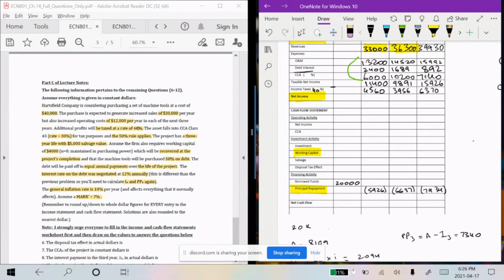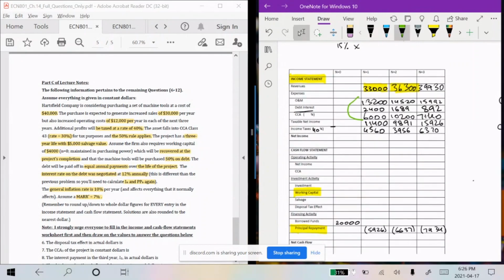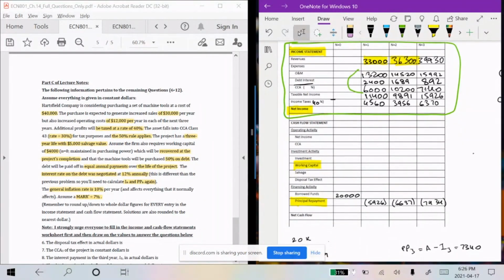So now the main thing that we need to calculate in this income statement table is the net income. This row. To calculate the net income, take taxable net income, this row, and subtract the income tax. 11,400 minus 4,560 is 6840.